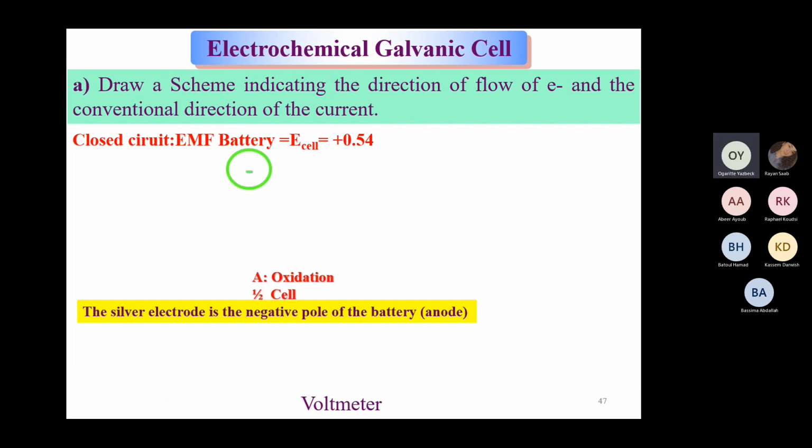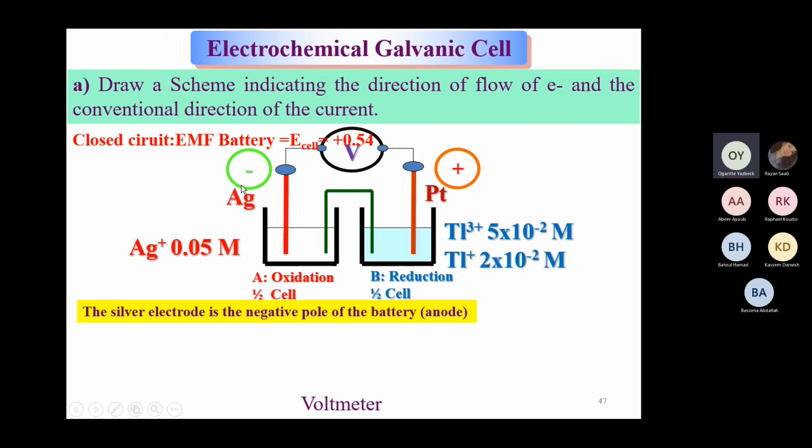Drawing the scheme. So we have this scheme, oxidation half at the negative pole, reduction half at the positive pole. And they said that the negative pole, we have the Ag, so the Ag is at the oxidation end. We still put the metal Ag in a solution of Ag plus.